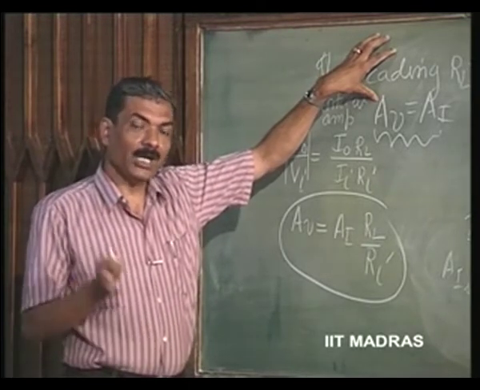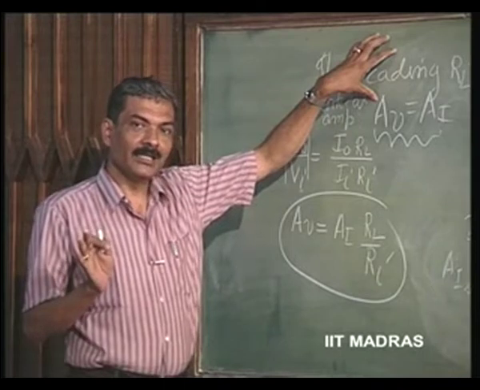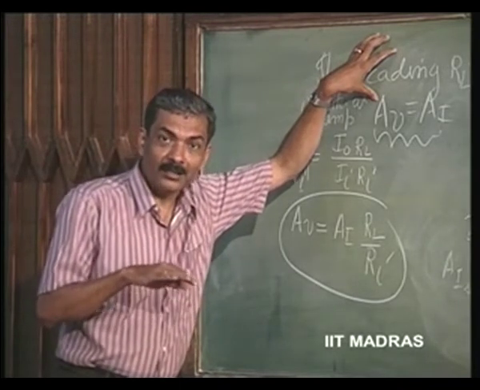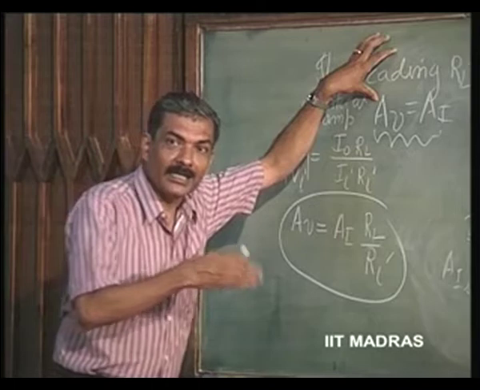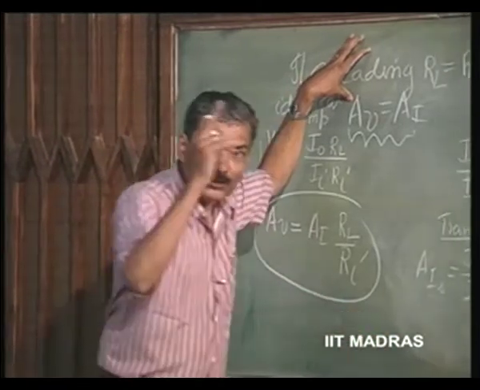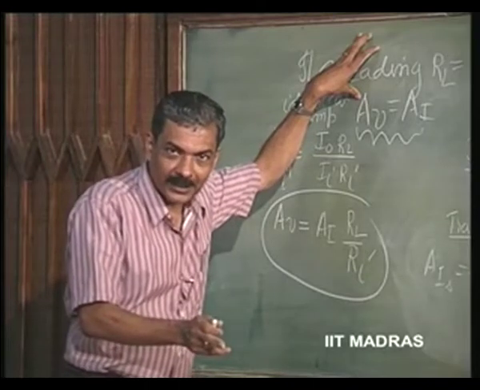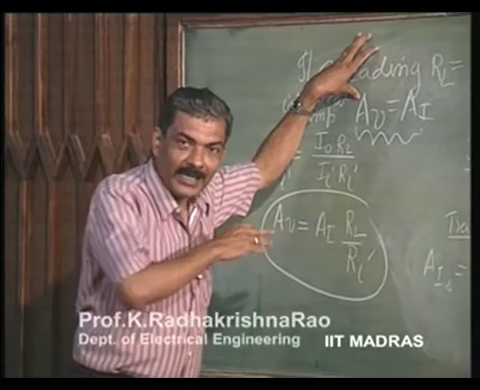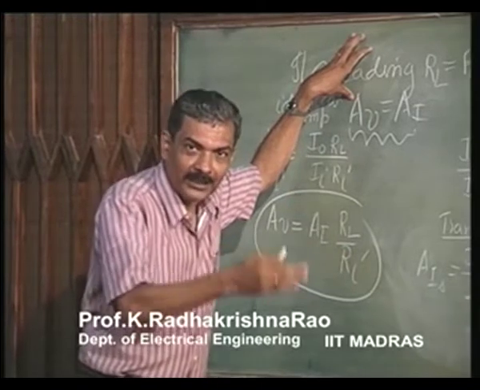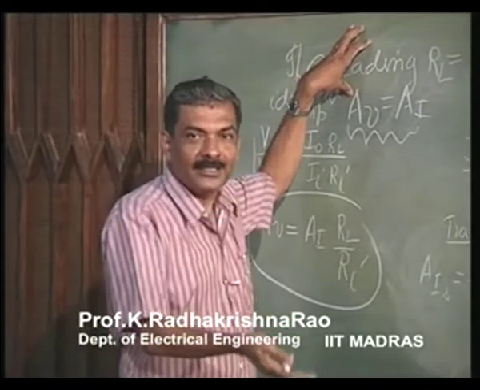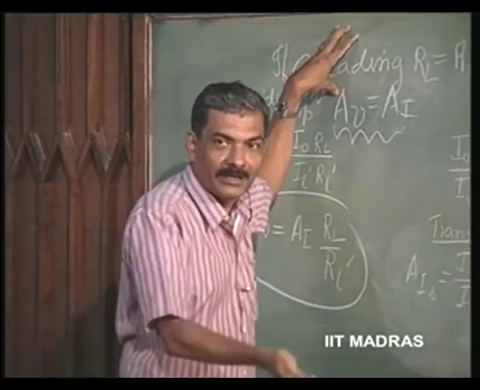Therefore, I must not cascade amplifiers which give either voltage gain or current gain if I am using identical stages. I must use amplifiers which give both voltage gain and current gain, so that when I cascade, current gain becomes equal to the voltage gain and it is greater than 1, and therefore, subsequently it will give you power gain.